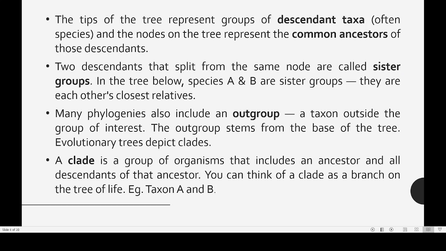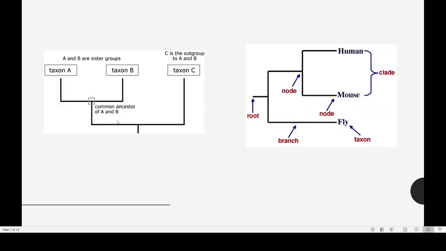Now a clade is another term. A clade is a group of organisms that includes an ancestor and all the descendants of that ancestor. So that is another definition. You can think of the clade as a branch on the tree. Here you can see that a clade is a group of organisms that includes an ancestor and all the descendants of that ancestor. Here this is a clade.